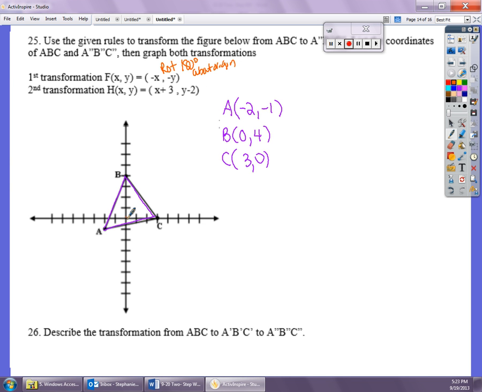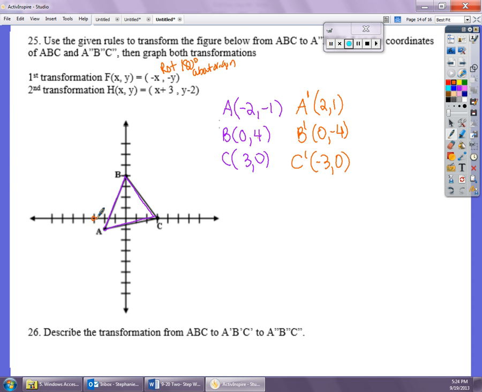So you're basically going to take this picture and flip it upside down around the origin. So that means that A prime becomes (2, 1). B prime becomes (0, -4). Notice I'm changing the signs of both coordinates. And C prime becomes (-3, 0).